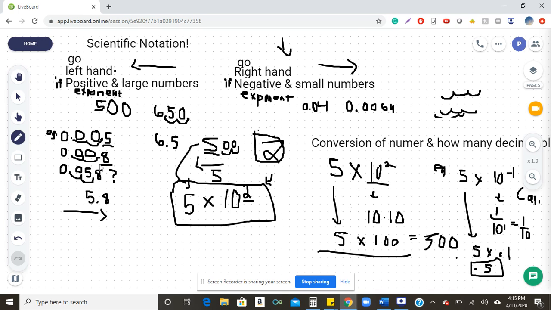And it doesn't matter whether the non-zero digits are on the left or the right. Usually they're going to be on the right for the decimals and the small numbers, and on the left for large numbers. But you have to stop before the last one.